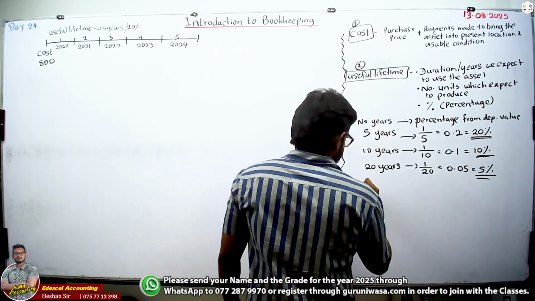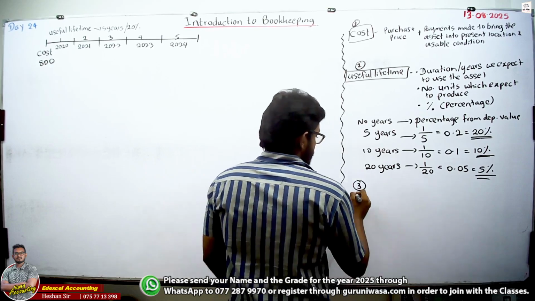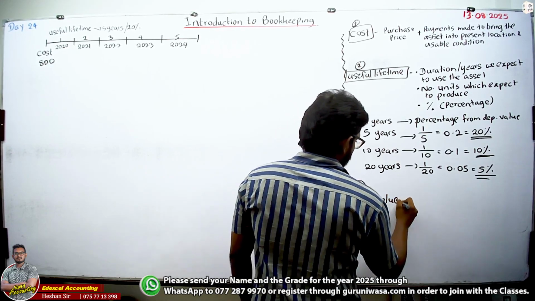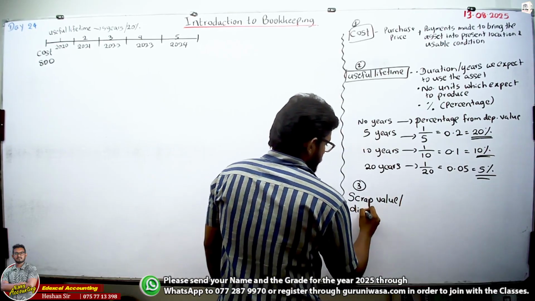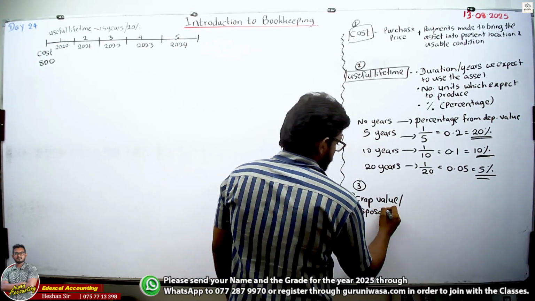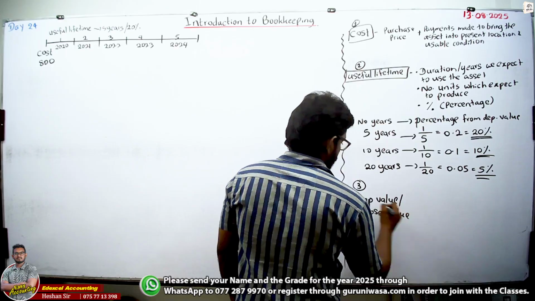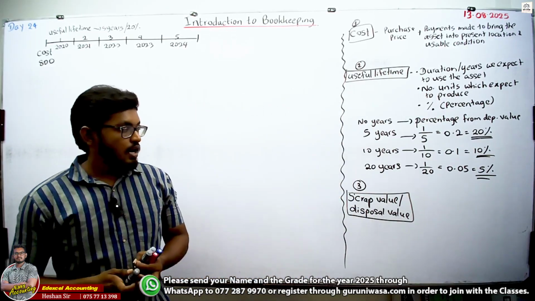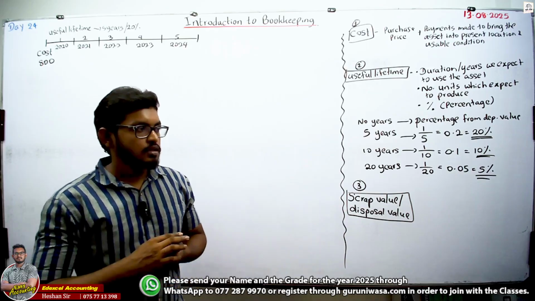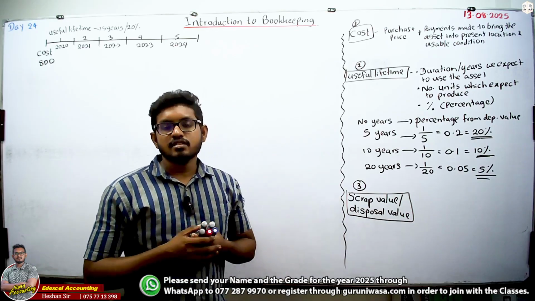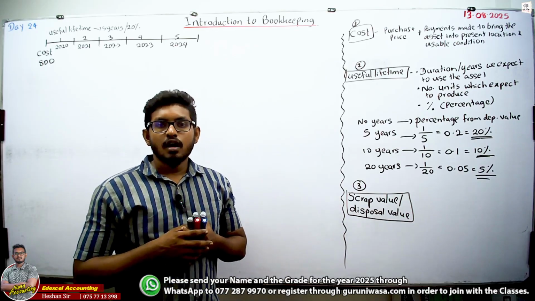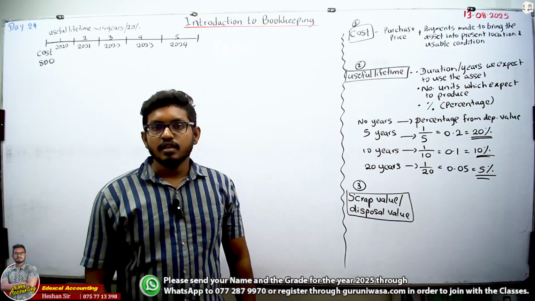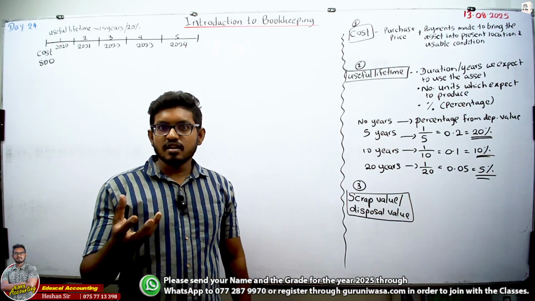Number 3, scrap value. Another word, disposal value. What is the term called disposal value? Now think, after the usage, after the useful lifetime, sometimes you can sell this asset for some value.